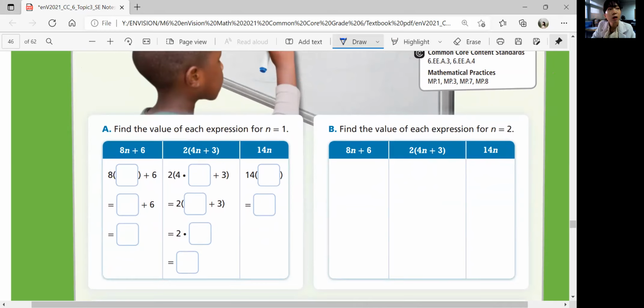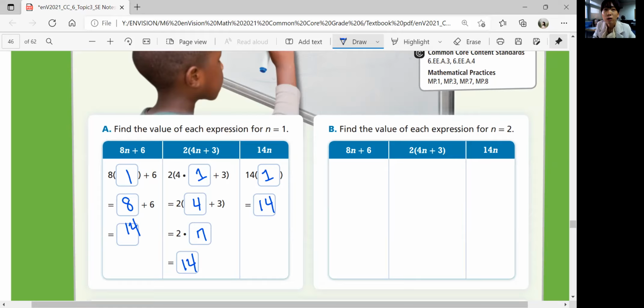Let's see. 8 times 1 plus 6. 8 times 1 is 8 plus 6 is 14. 2 times 4 times 1 plus 3. 4 times 1 is 4, 4 plus 3 is 7, 7 times 2 is 14. Okay. 14 times 1 is 14. Okay, so we do get all the same answers.